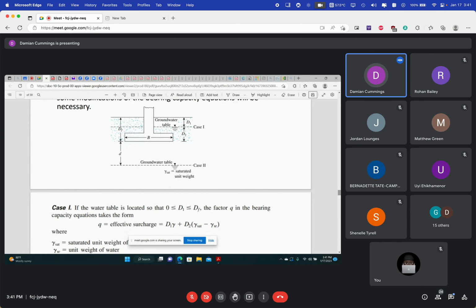Times our saturated unit weight minus the unit weight of water. And you would remember that this term is equal to our effective unit weight.